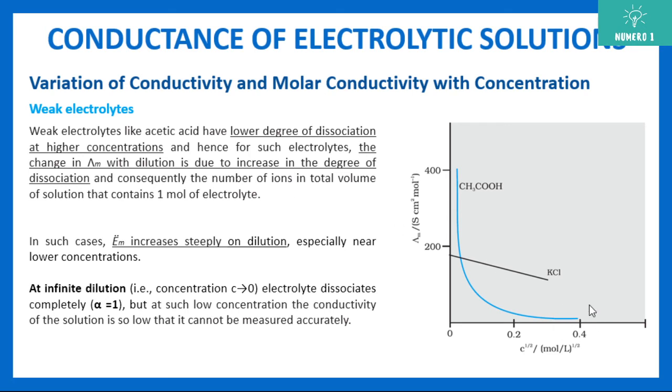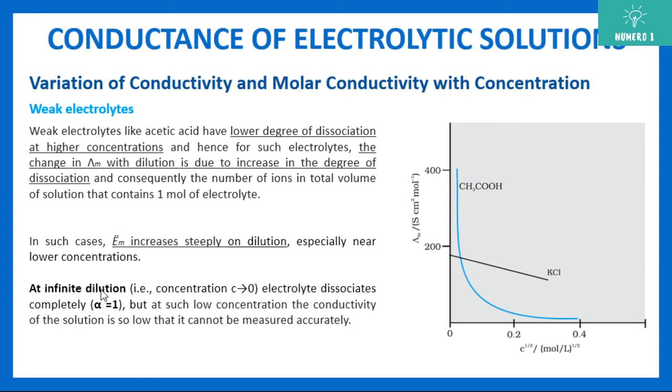Here the degree of dissociation is low, but at low concentration the degree of dissociation is quite high. In such cases we see that lambda m values increase steeply on dilution, especially near low concentration. That's why there is a huge increase in lambda m values.